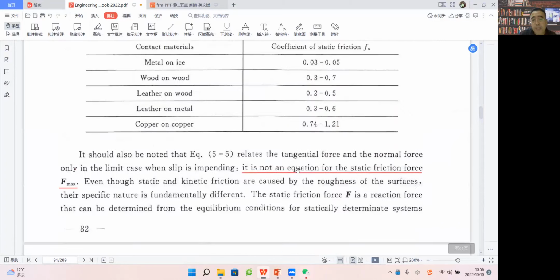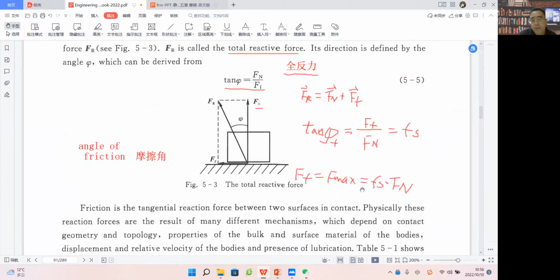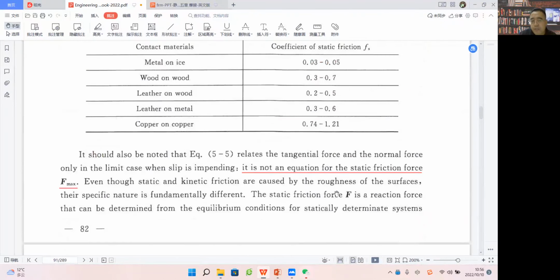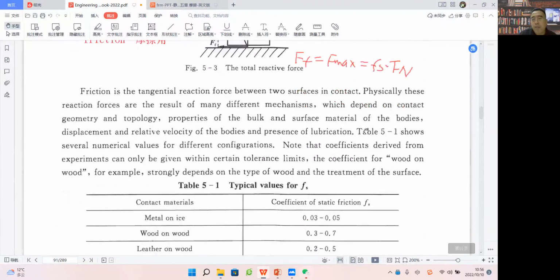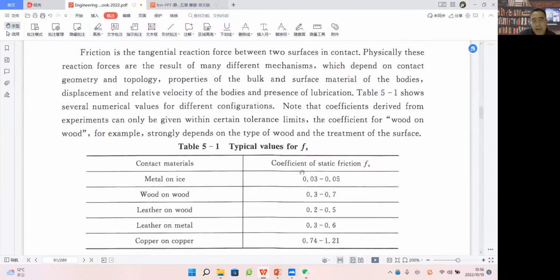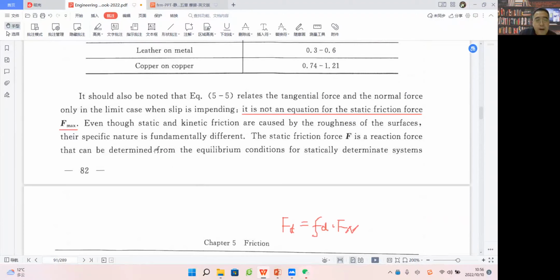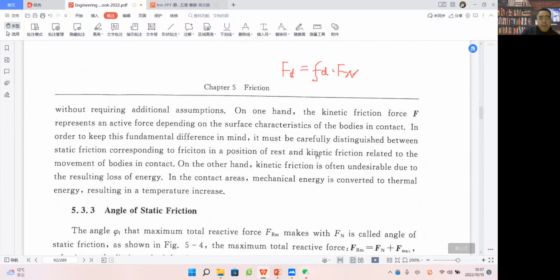It's more like the expression we talked about for the biggest value of static friction. But actually, this Fd may be a little bit smaller than Fs, and these two kinds of friction are fundamentally different, right?